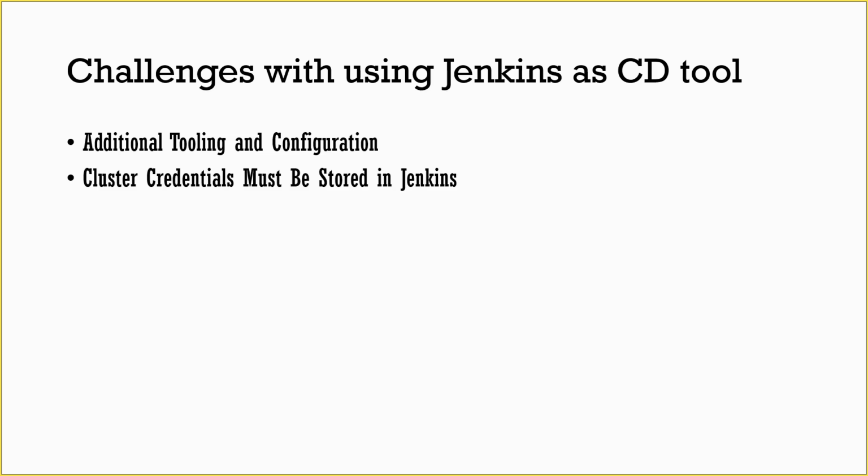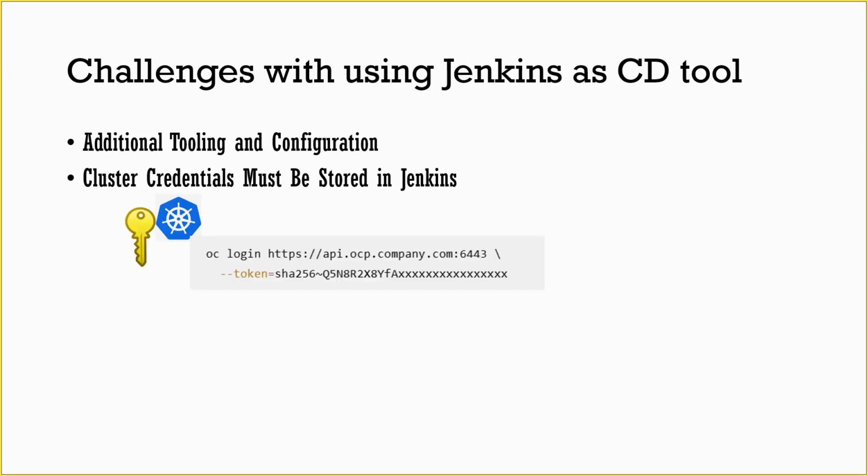The reason is that kubectl is just a Kubernetes client. It does not automatically know which cluster to connect to, nor does it have permission to perform operations on the cluster. Before it can communicate with the Kubernetes API server, it first needs to authenticate with the cluster, whether it's a self-managed Kubernetes cluster, an OpenShift cluster, or a managed Kubernetes service like Amazon EKS, Azure AKS, or Google GKE.